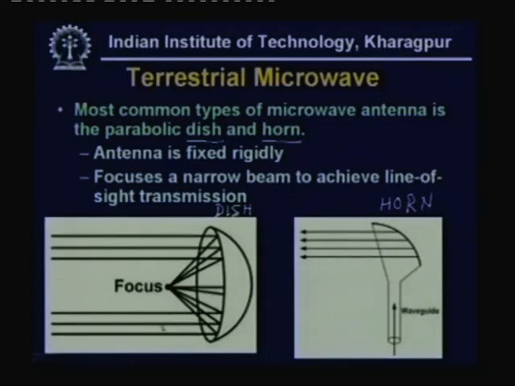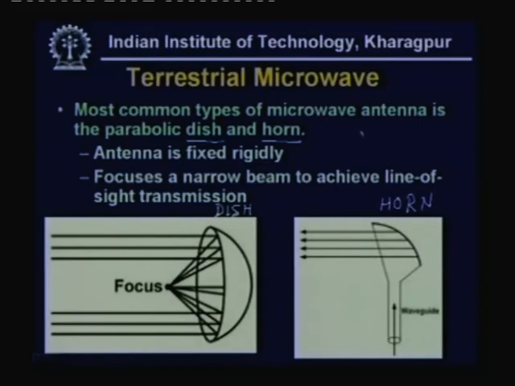Here you can see the dish type of antenna receives the parallel signals, then focuses them at a particular point, where some sensor is kept, and then the signal is taken to the amplifier for amplification and other processing. Both these antennas are fixed rigidly because it has to be point to point communication.